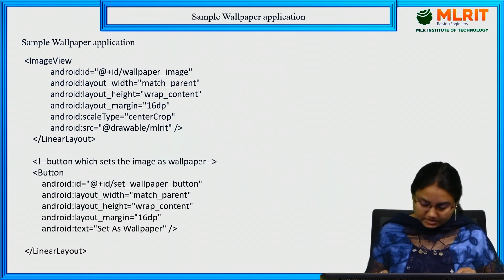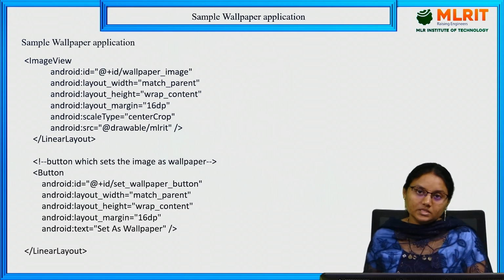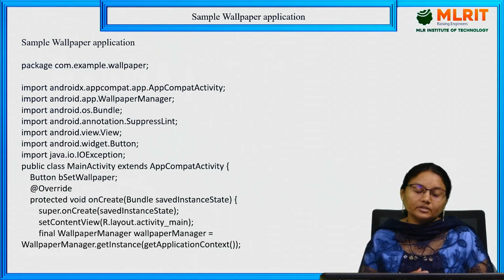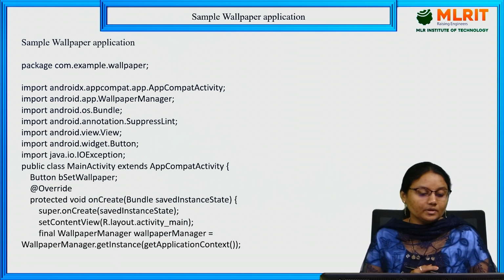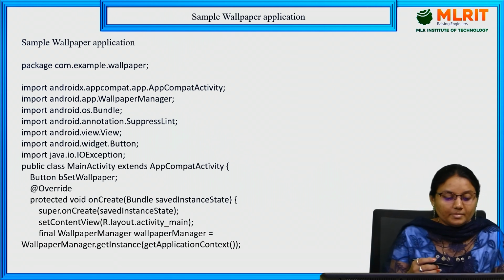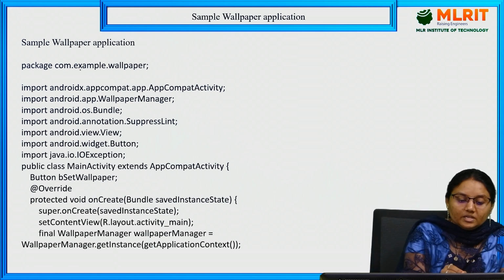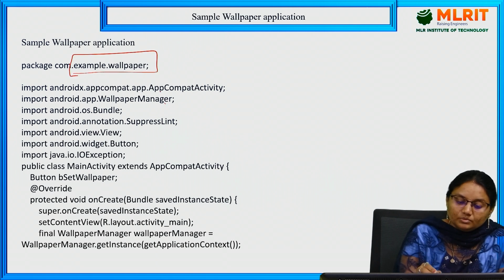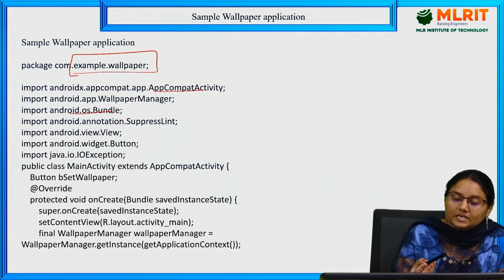Now for this design part, how to extract all this content, your images and different components, buttons and all, from your XML part into your Java part. So for Java, your application package name is example.wallpaper, for which you are using AppCompatActivity and Bundle by default.